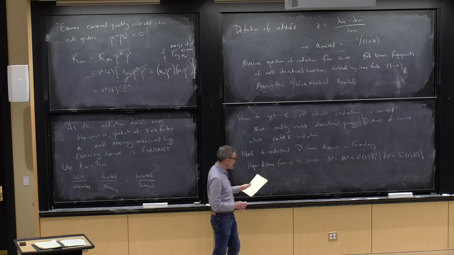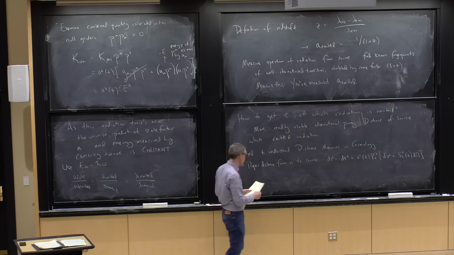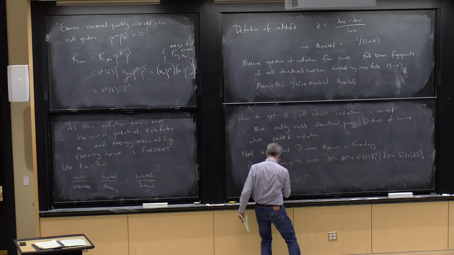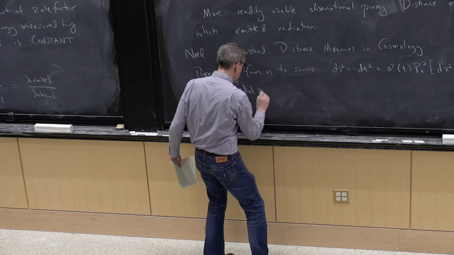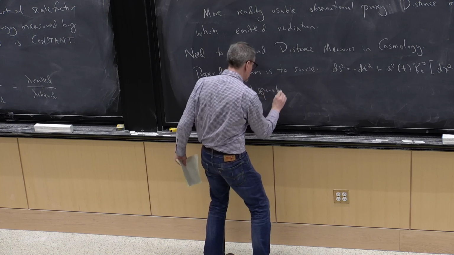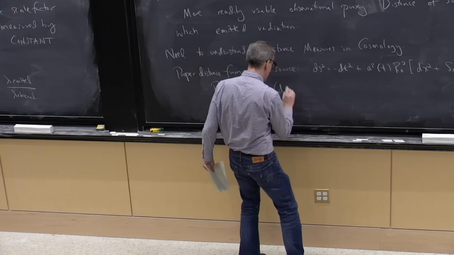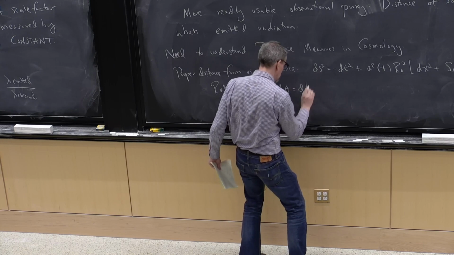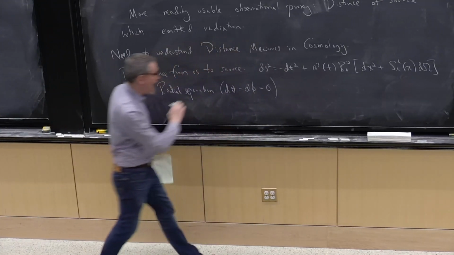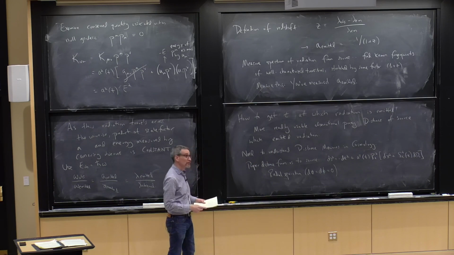So let's imagine that we want to consider two sources that are separated purely in the radial direction. So my angular displacement between the two events is going to be 0. So the only thing I need to care about is d chi.